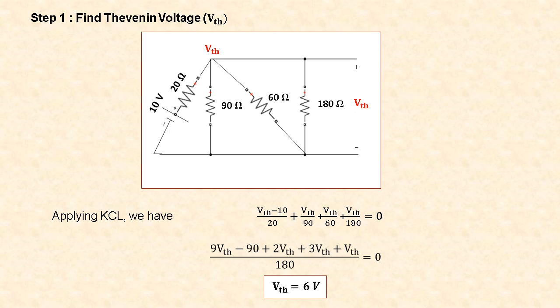So, applying Kirchhoff's current law, we have (VTH minus 10)/20 plus VTH/90 plus VTH/60 plus VTH/180 is equal to 0, since there is no entering current. Now, taking 180 as LCM, we have 9 VTH minus 90 plus 2 VTH plus 3 VTH plus VTH is equal to 0. Simplifying, we have VTH is equal to 6 volt. That is, the Thevenin's voltage is equal to 6 volt.